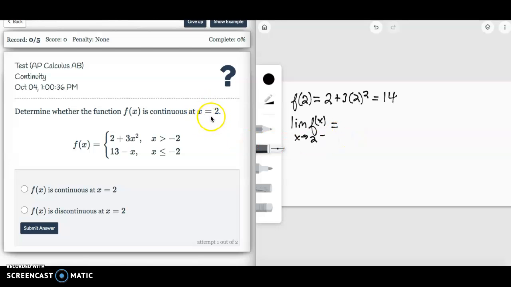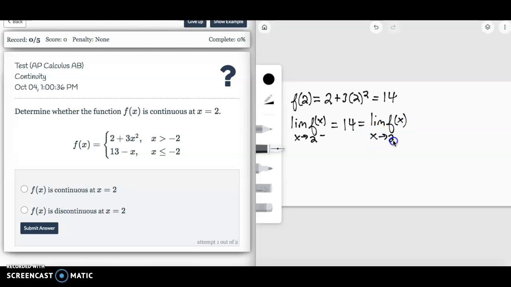From the left hand side, I'm still plugging in numbers really close to 2, like 1.99, 1.999, and those are greater than -2, so it would still be the top piece. And plugging in values like 2.01, 2.001, I would still be using the top piece of this equation. So that would be my right-hand limit as well.